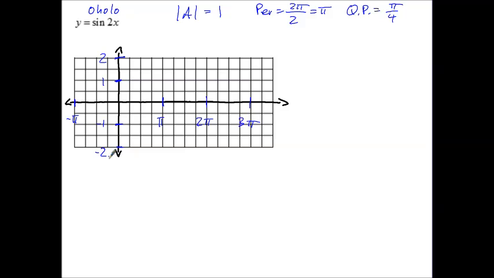And now we're plotting our points. We start at 0. Then after a quarter of pi, we go up to 1 to our highest value. Then we go back to 0. Then we go back to the low and back to 0. And we can continue doing that for the entire interval that we have here on our coordinate plane.